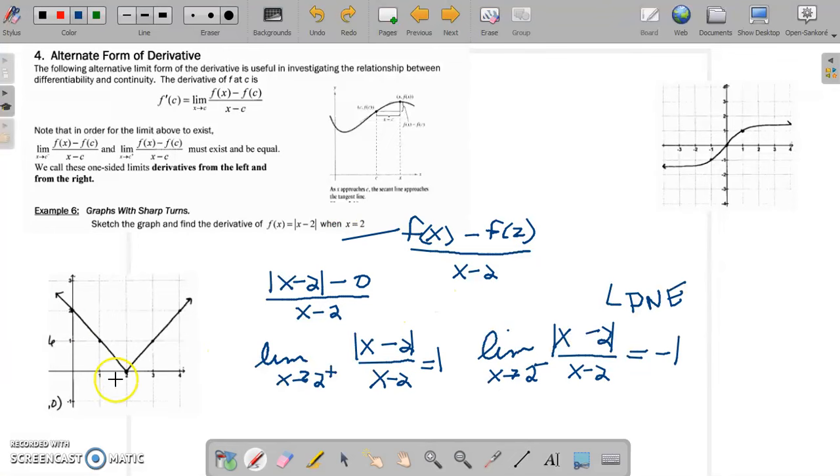It's differentiable at other points, but it's not differentiable at 2. Okay? So whenever you have a sharp turn in your graph, it's not differentiable at that point. Whenever you have a vertical tangent line on your graph, it's not differentiable as well.